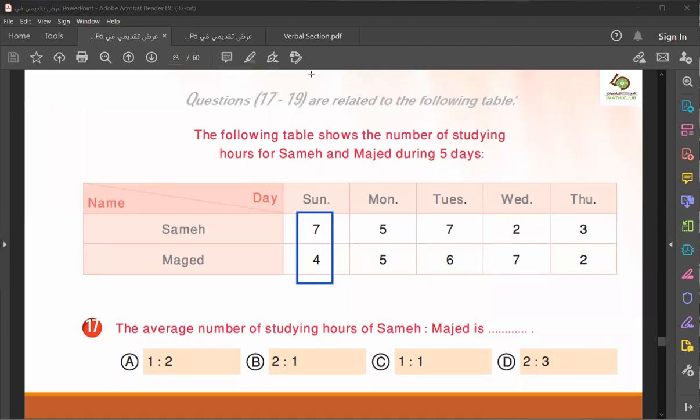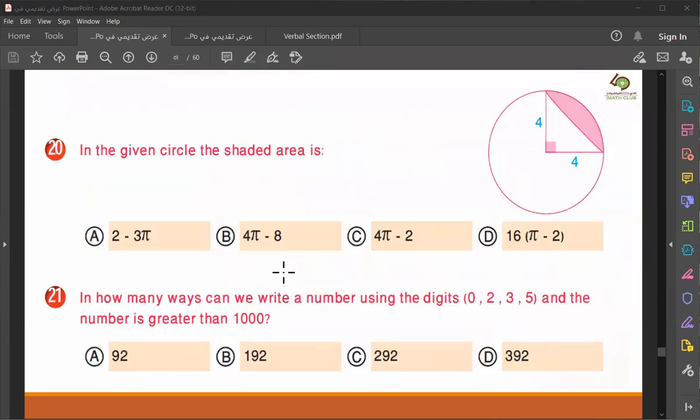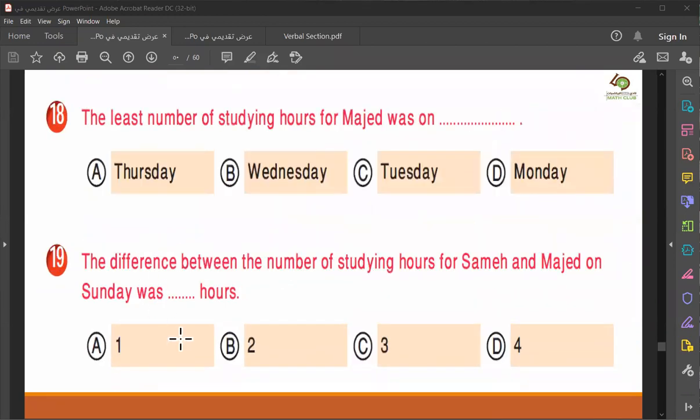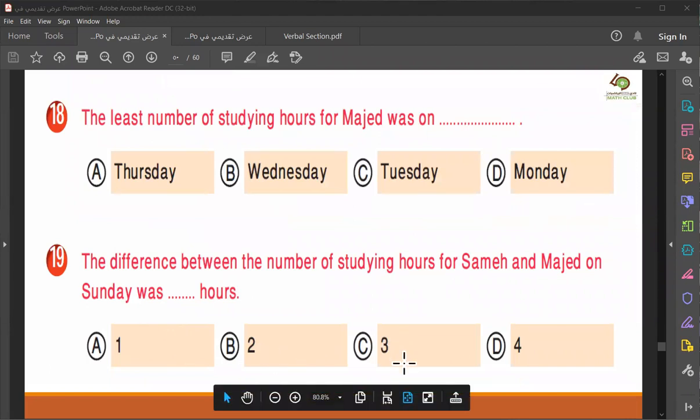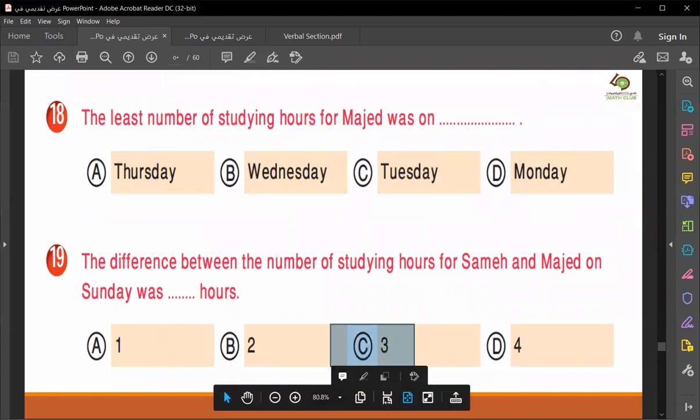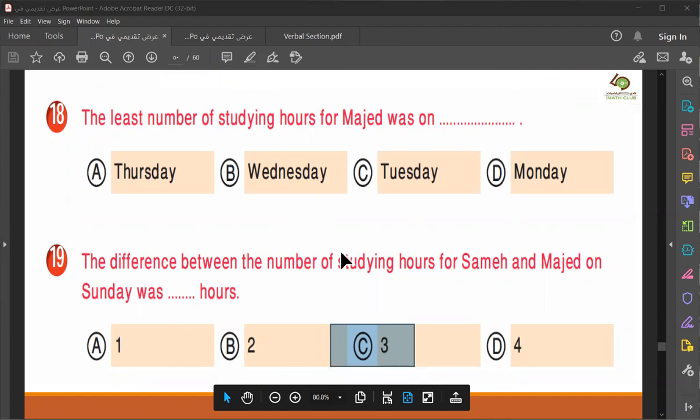How to find the difference here? You can write it 7 minus 4 equals 3. So the answer is C. So number 3. Is it easy? Do you understand, my student?